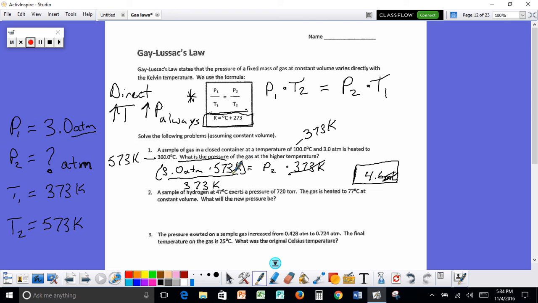It's going to be atmospheres because Kelvin cancels, and that gives us atmospheres. So that was a boneheaded mistake. Here I am telling you to pay attention to units, and I wasn't paying attention to the units. Alright, so pressure P2 equals 4.6 atmospheres.